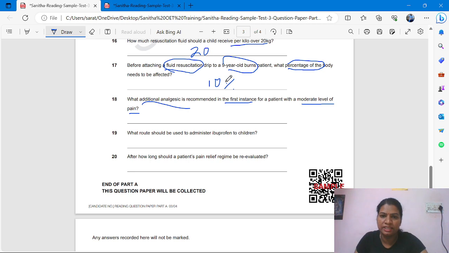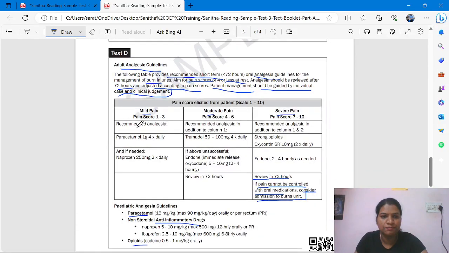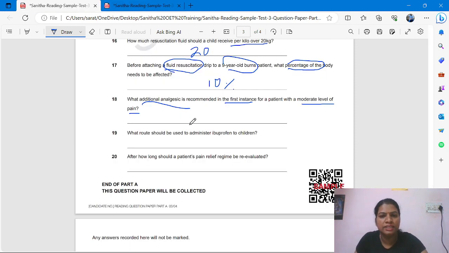Okay, first instance. Then we have to come to here. If it is moderate pain, what is the recommended analgesic in addition to paracetamol? What is the answer here? Tramadol. So we have to write the answer tramadol here.